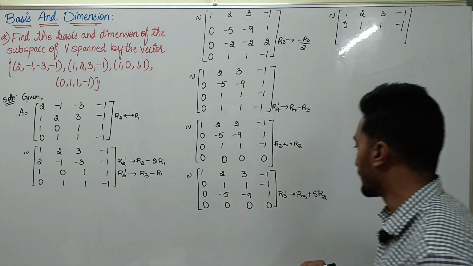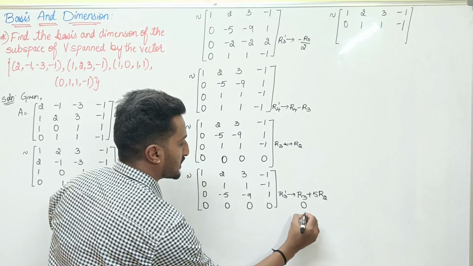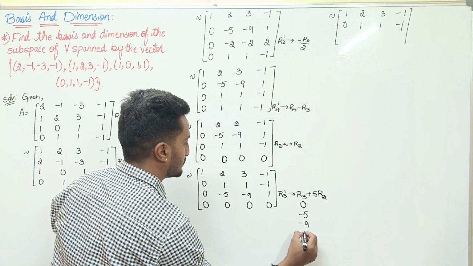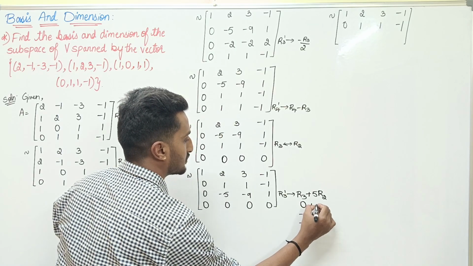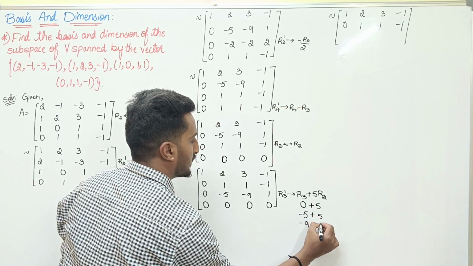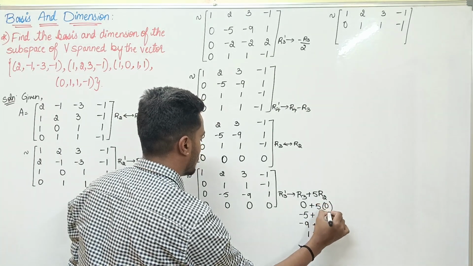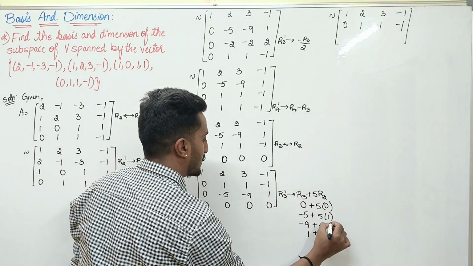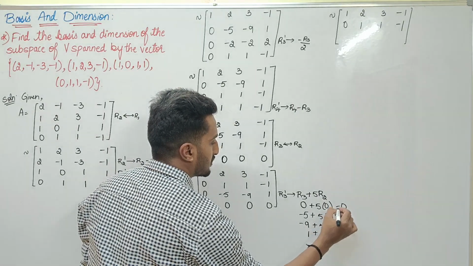Now let us reduce this part. What is R3 we have? 0, minus 5, minus 9, 1, plus 5 times R2. What is R2? 0, 1, 1, minus 1. Got it? Everything multiplied by 5: 0, 0.